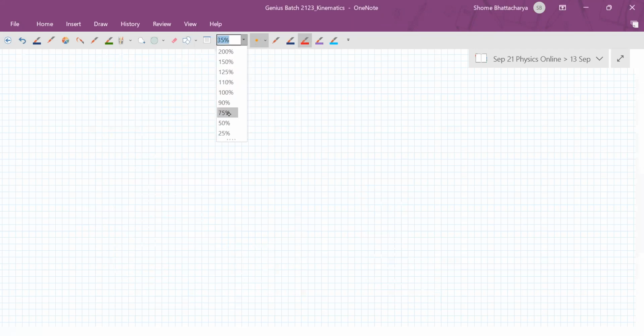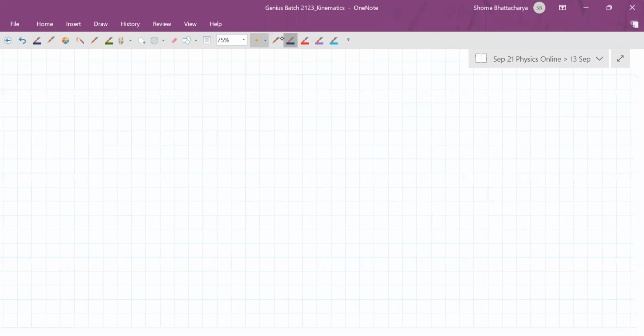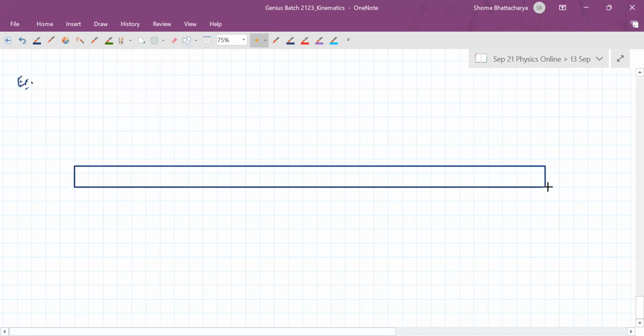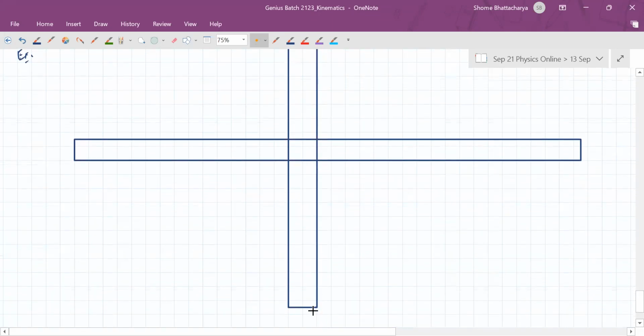All right, now let's move on to a two-dimensional example of relative motion. We'll see a very interesting example of relative motion from a 2D point of view. So we have this type of situation. Let's say an intersection of two perpendicular roads, which we are seeing from an aerial or top view.